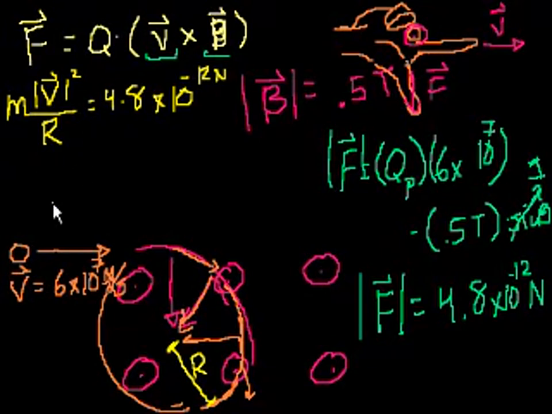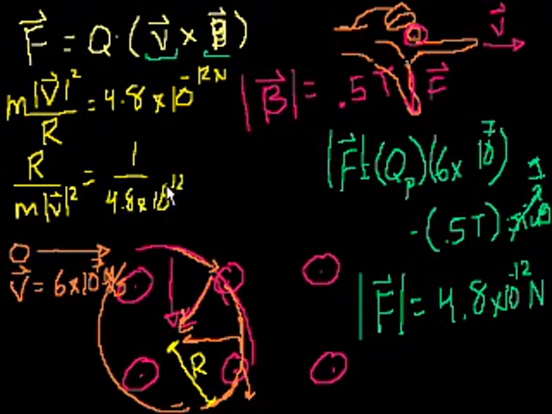And so the radius is going to be, let's see, if we flip both sides of this equation, we get radius over mass times velocity squared is equal to 1 over 4.8 times 10 to the minus 12. I could just figure out what that number is, but I won't worry about it right now. And then we can multiply both sides times this mv squared.